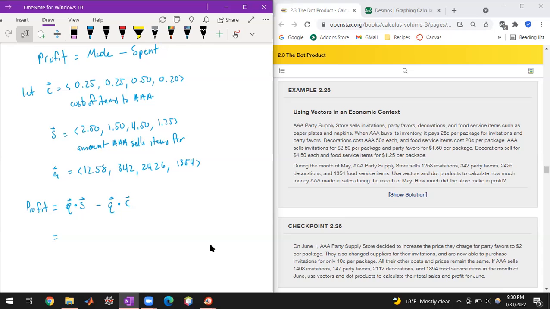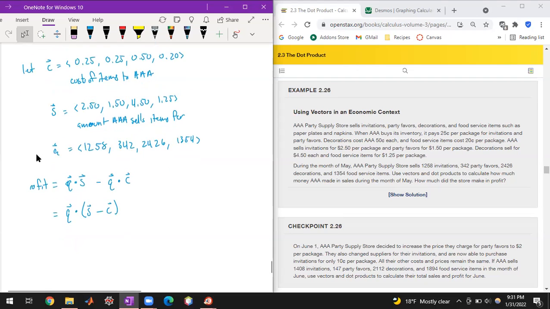I think it might be easier to do our quantity dotted with the difference, so I'm going to take advantage of the distributive property. It makes sense as well, because if I'm spending 25 cents and selling it for 2.50, I've made a profit of 2.25 on that item.